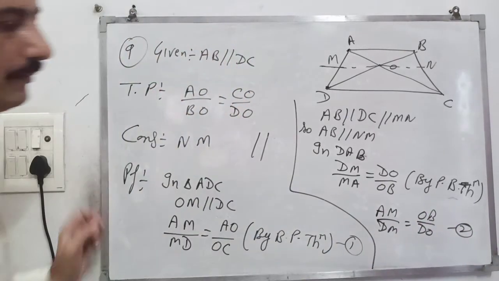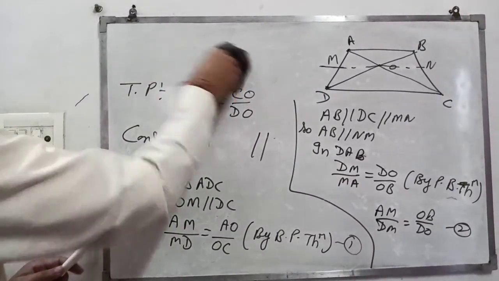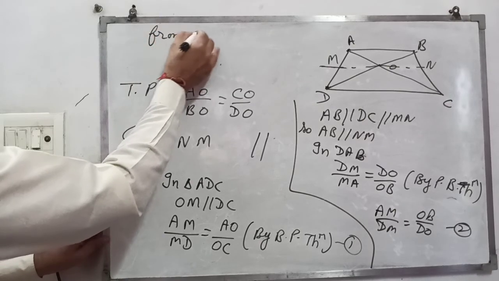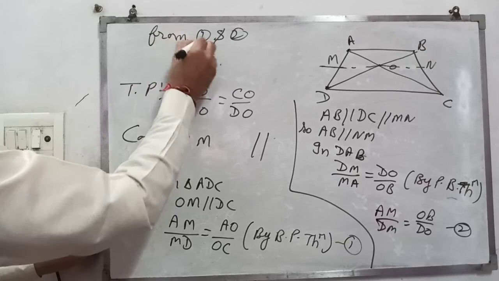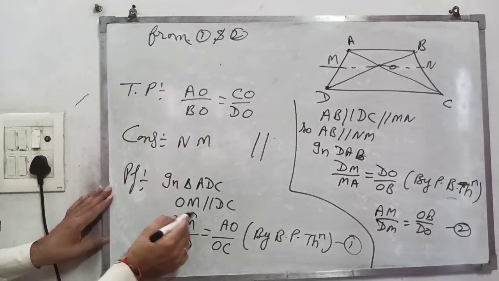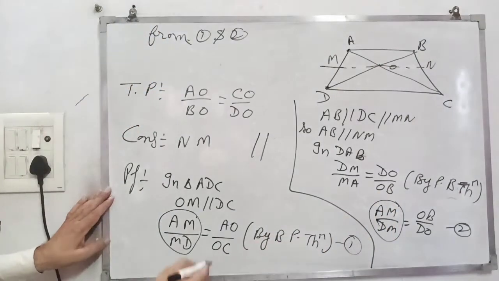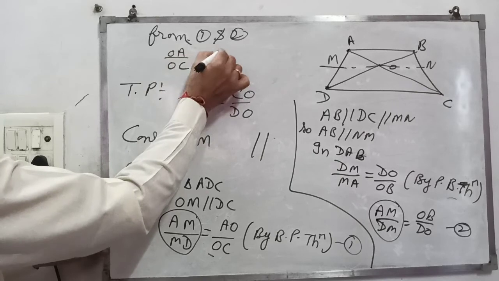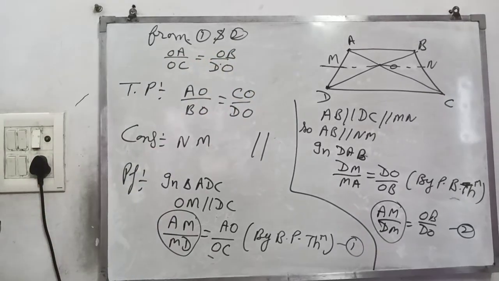So from 1 and 2, AM upon MD is the same in both. So it means OA upon OC is equal to OB upon DO, right?